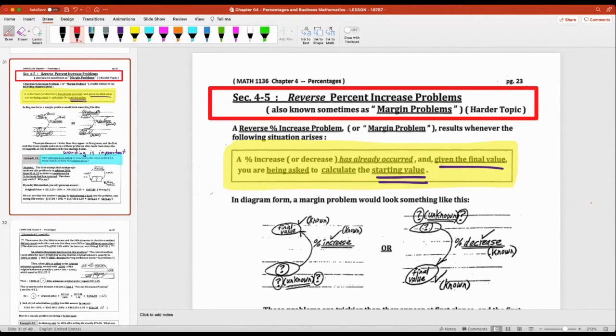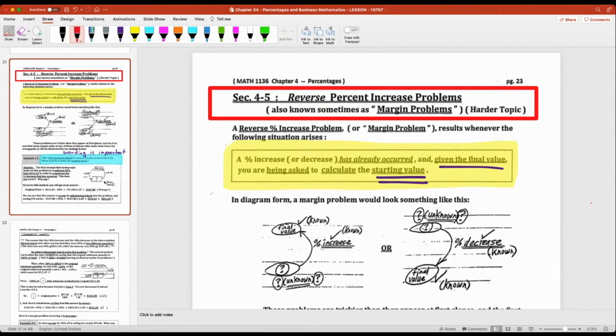A practical example: someone bought you something, and there was tax on the price, and you asked how much did you pay, and they say, I don't know, 150 bucks, and you're wondering what was the original price before tax.